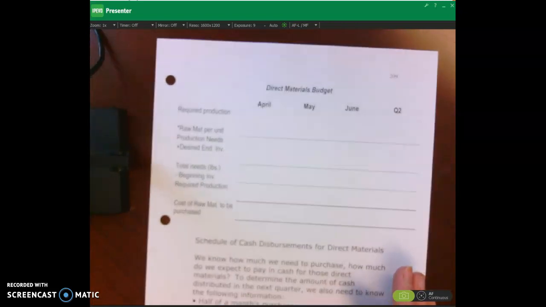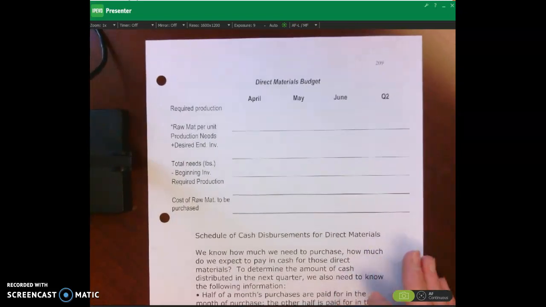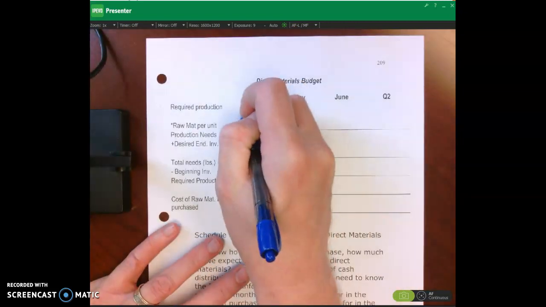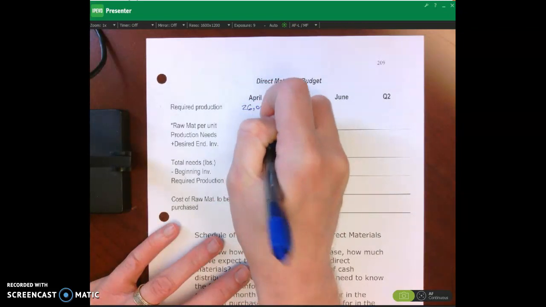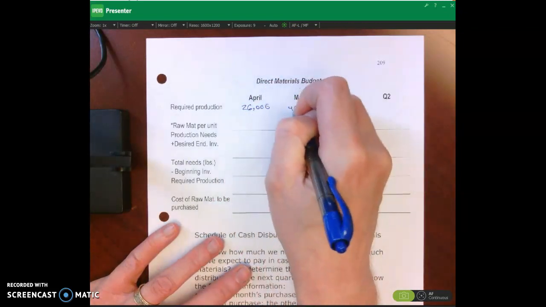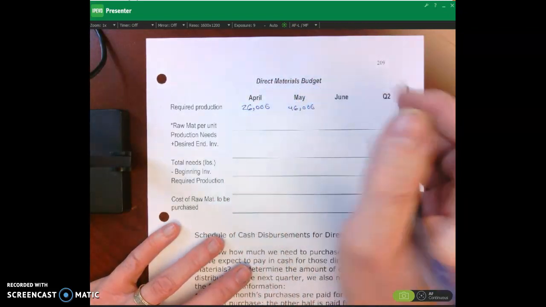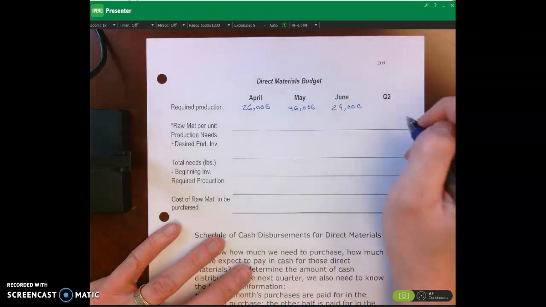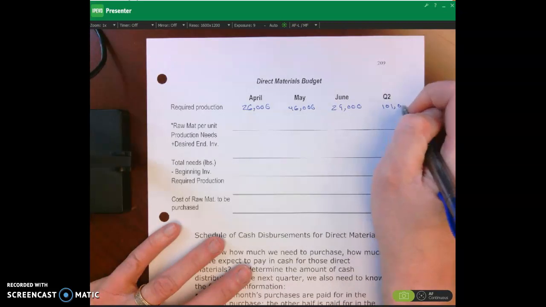So if we look back to the production budget, we would see that in April, we were going to make 26,000 units. In May, 46,000 units. In June, 29,000 units. And then for the quarter, 101,000 units total.